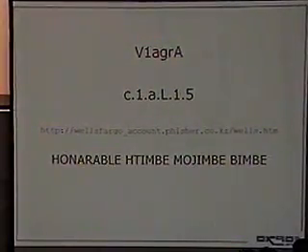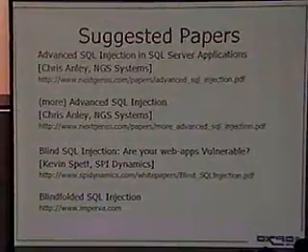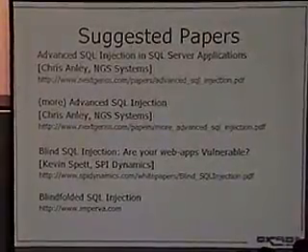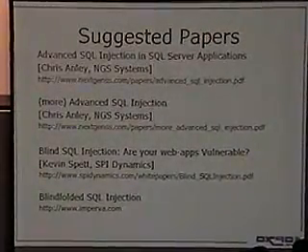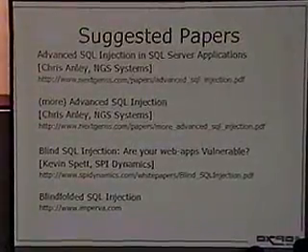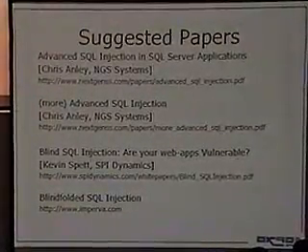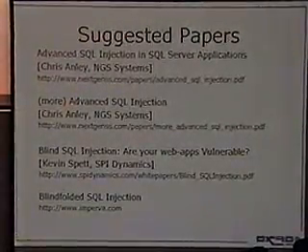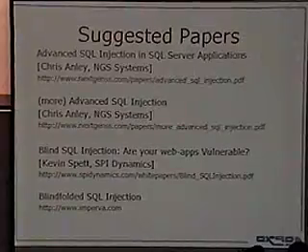So, just closing up here, a couple of suggested papers if you don't have a lot of experience with SQL injection yet and you're looking at learning more about it. The first 2 are from NGS Systems by Chris Anley. Very good papers, both related to SQL Server, primarily the error-based stuff.